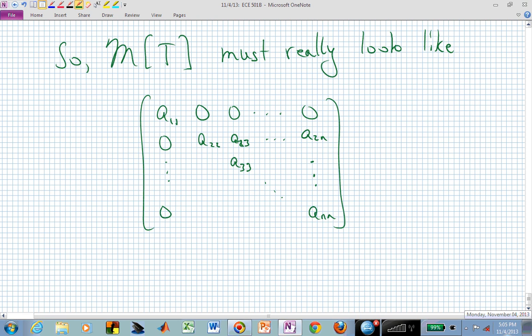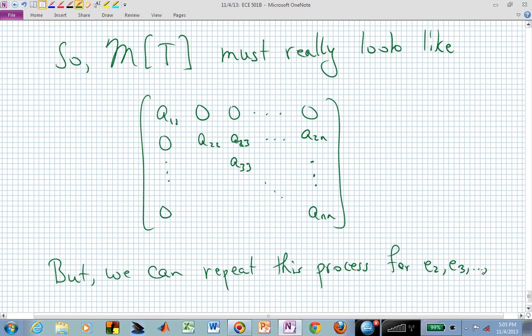Do you see that we can actually iterate on this process? Now we can look at T E2 and equate that, and these second row entries off the diagonal are going to become forced to be 0. But we can repeat this process for all of these other E sub n's.